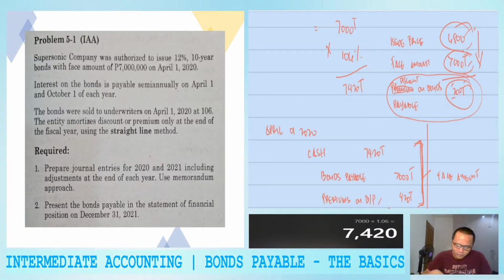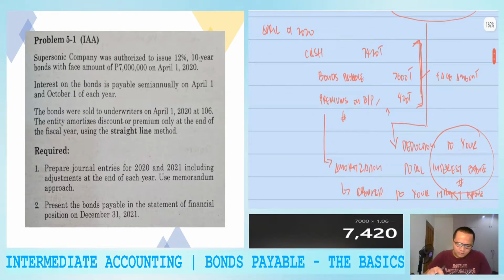Okay, so continuing our illustration, this is how we are to record our bonds payable, no? Noting na per instruction or per requirement, we are to use the memorandum approach.